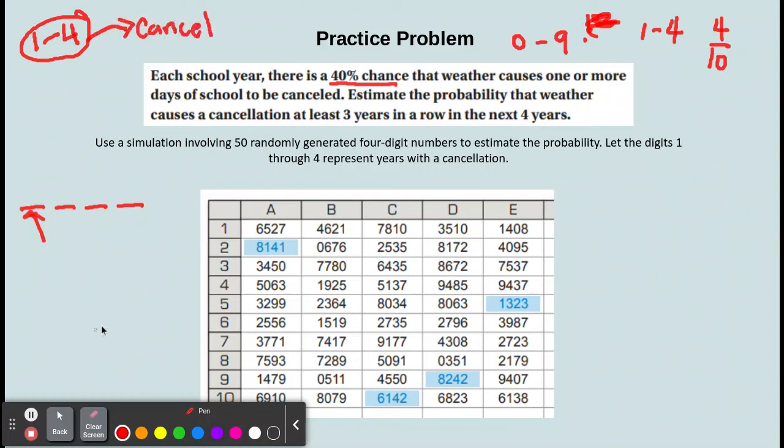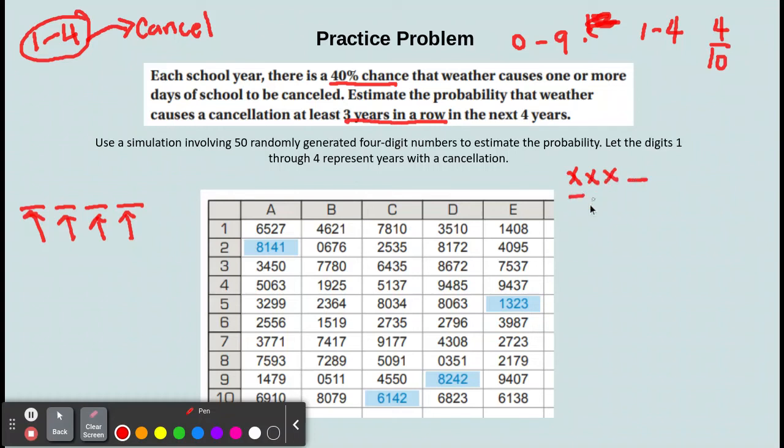Okay, so we need to look at all our different digits in our number, right? We need to look at each place, and we need a number 1 through 4 to be 3 years in a row, right? So it could be here, here, here, and then not there.